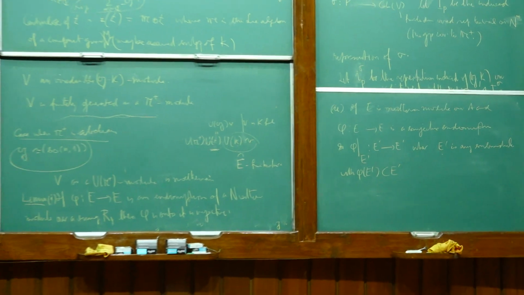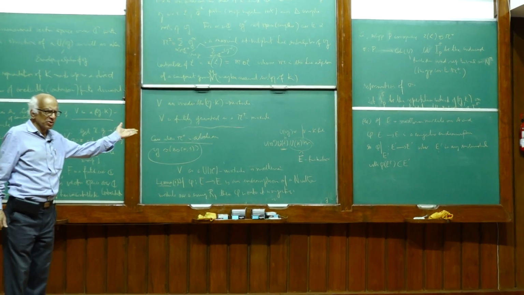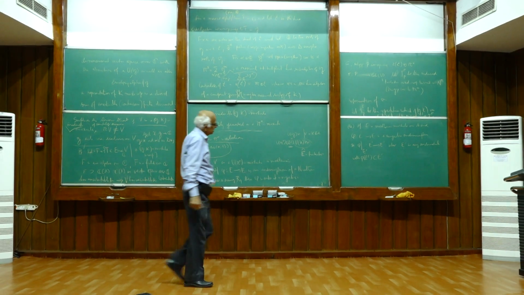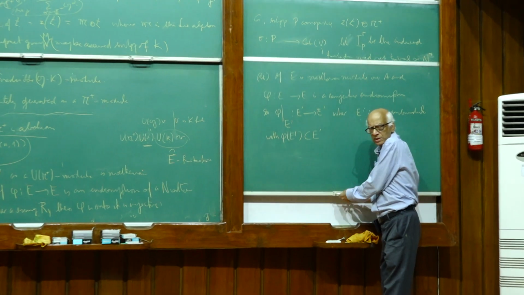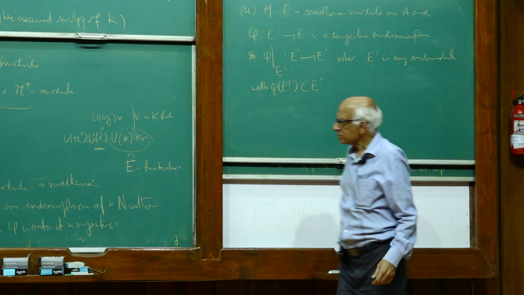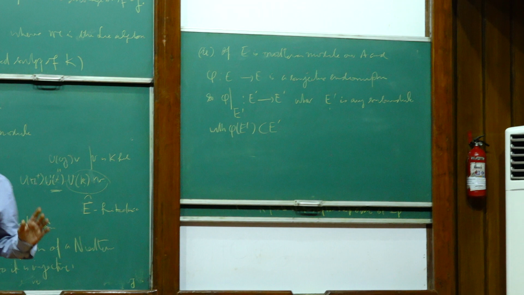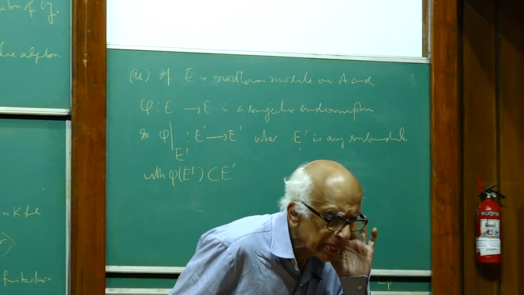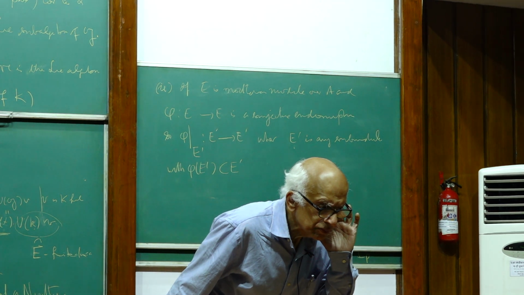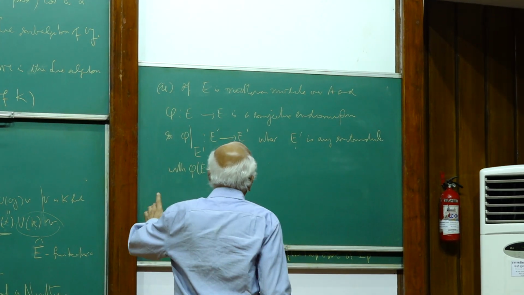This is again easy to prove. It's essentially an exercise for a graduate student. Let's see. I think there's a word missing. In the statement, you said if it's surjective, then so is the restriction.